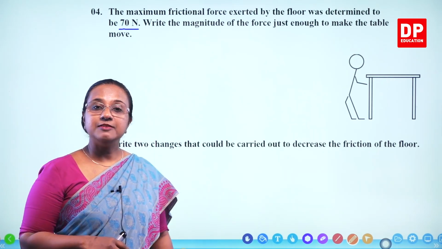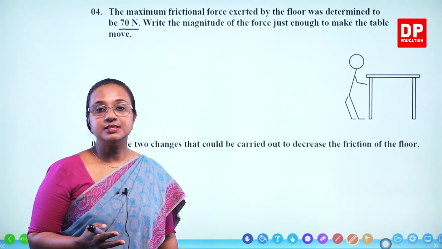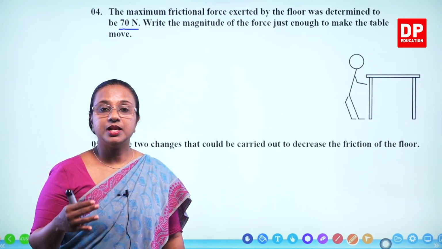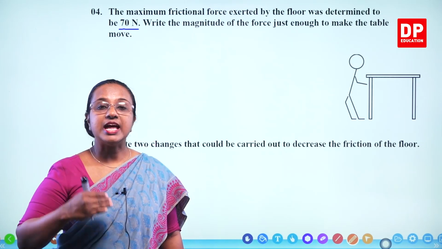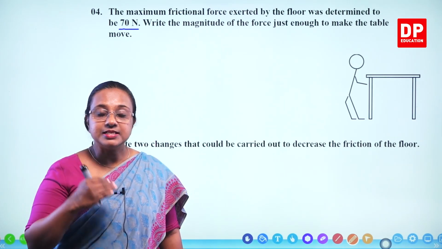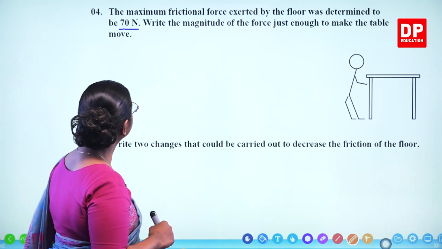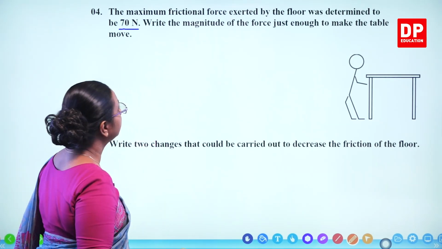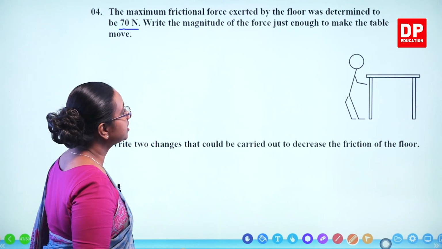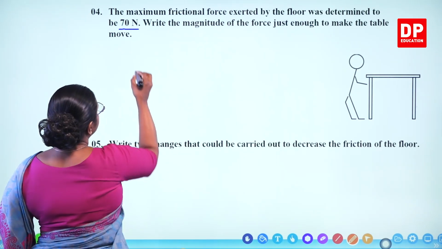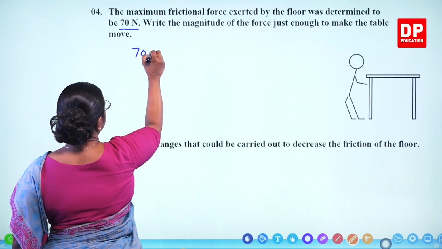So from the activities, you know students, the limiting frictional force is equal to the force that we apply just when the object starts to move. So here they want you to write the magnitude of the force just enough to make the table move. That is equal to 70 Newton.